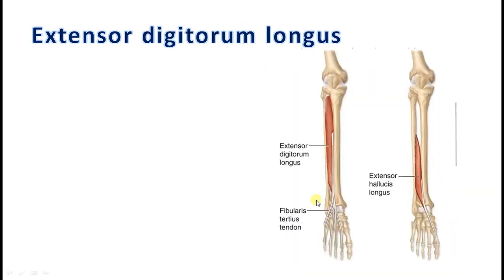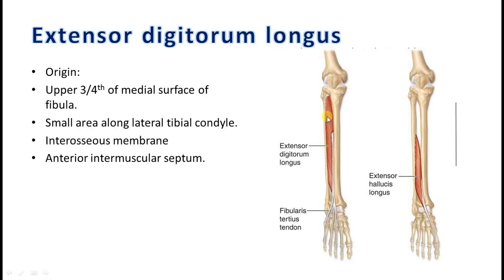The next muscle you are able to see here is the extensor digitorum longus, which originates from the upper 3/4 of the medial surface or extensor surface of shaft of fibula and along the lateral condyle of the tibia, a small adjoining area on the lateral condyle.